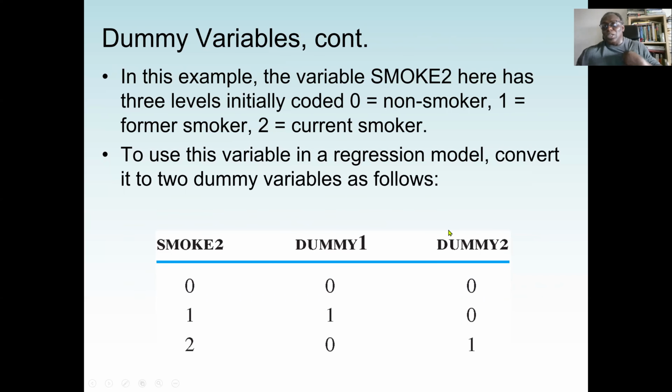We have dummy 1 and dummy 2. When we see 0, it means non-smokers. When it's 1, it means former smokers. When we have 2, it means current smokers. So to come up with the regression model, if this is our data set, these are the values we are going to use.